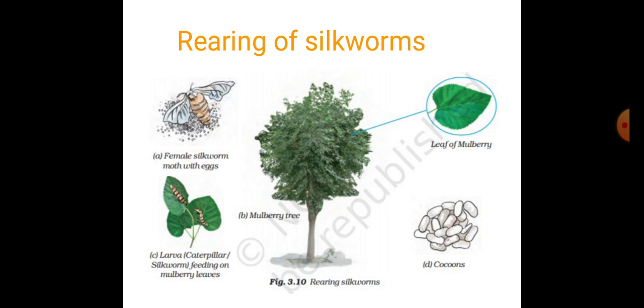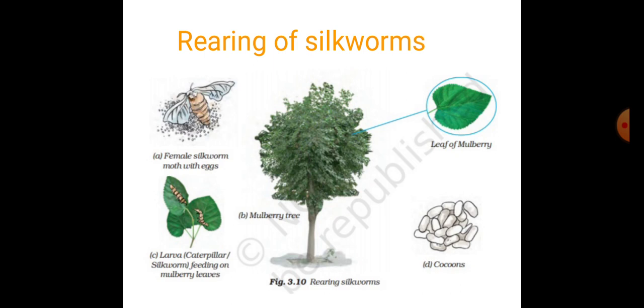The eggs are kept in perforated cardboard boxes on bamboo trays under hygienic conditions, suitable temperature and humidity. The eggs are warmed to a suitable temperature in an incubator. What is an incubator?